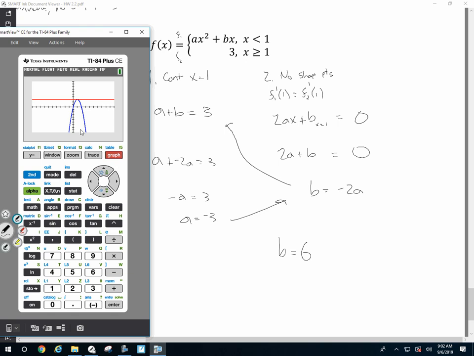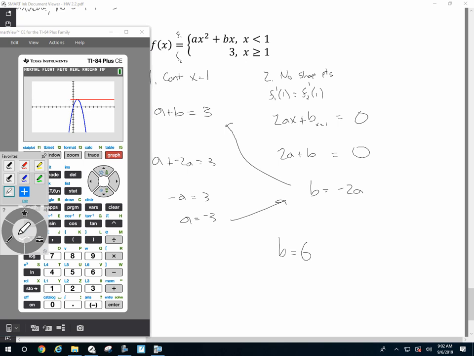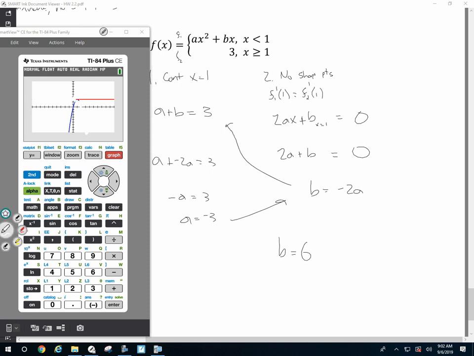So I can see my x squared flattens out just in time to meet up with y equals 3 right at 1.